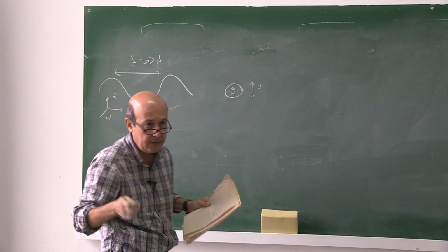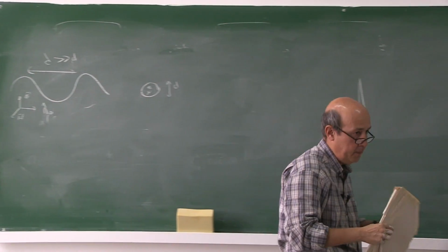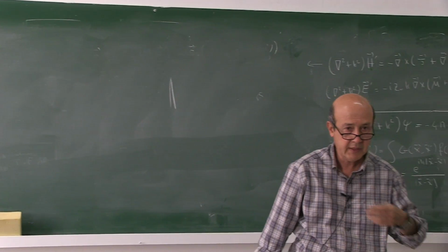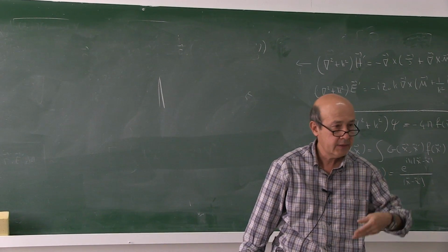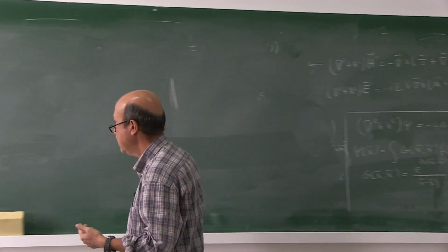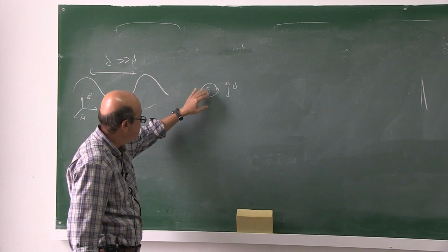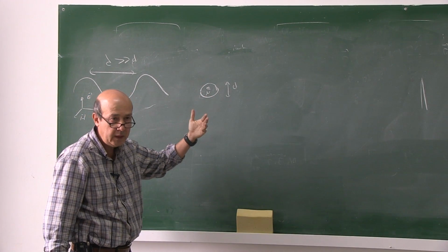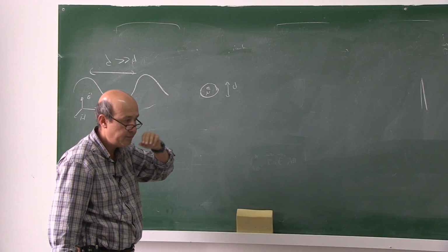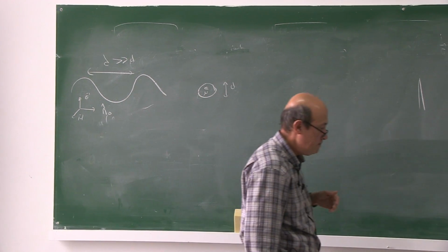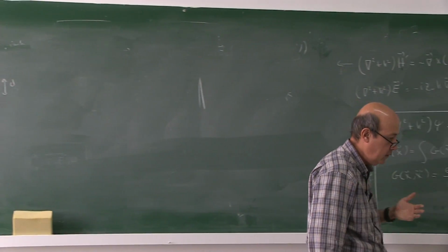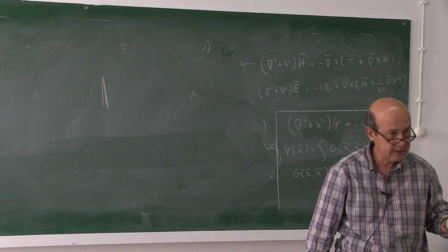And what happens when the electromagnetic wave interacts with this material? Due to the electric field and the H field of the electromagnetic wave, this material will be polarized as an electric dipole or magnetized as a magnetic dipole.